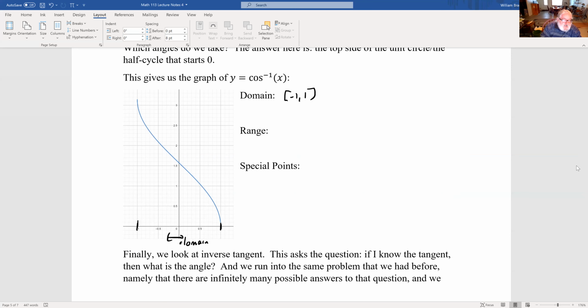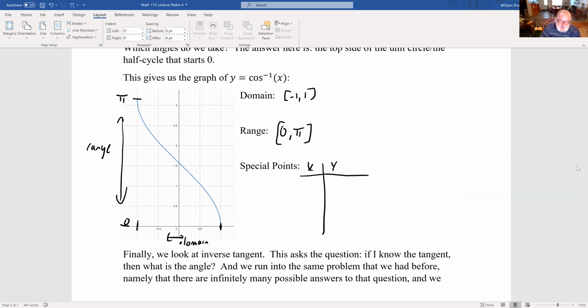The range is 0 to pi. And the special points we want to know are x, y where y equals cosine inverse of x.